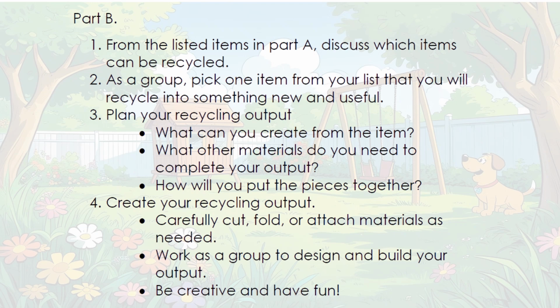What other materials do you need to complete your output? How will you put the pieces together? Four, create your recycling output. Carefully cut, fold, or attach material as needed. Work as a group to design and build your output. Be creative and have fun!